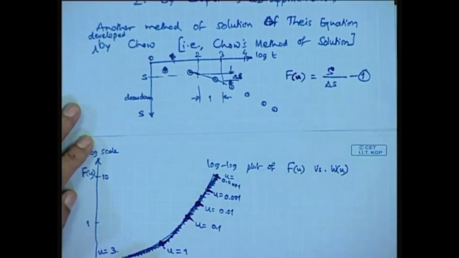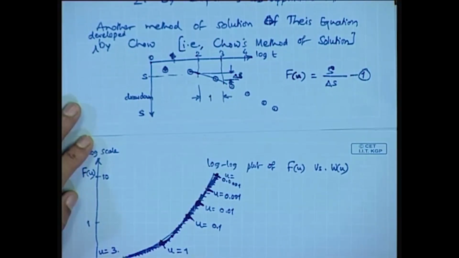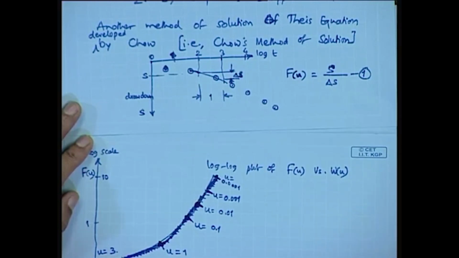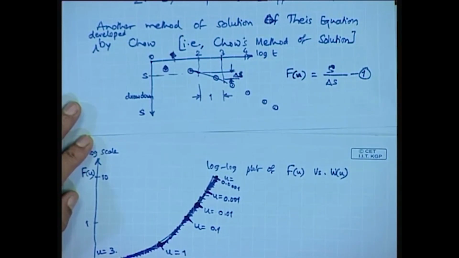So this is the relationship between F(u) and W(u). This is Chow's relationship between F(u), W(u) and u, the well function u. So this u is the well function.